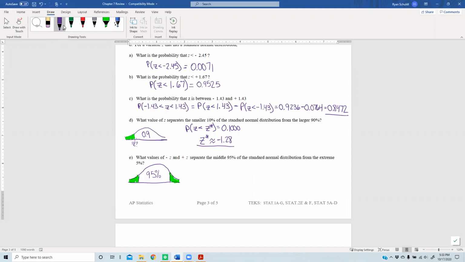So this will be 2.5% in that area. That one's going to be 2.5%. What are these z's? And they're symmetric. So once you find one, just throw a negative on it and you get the other.